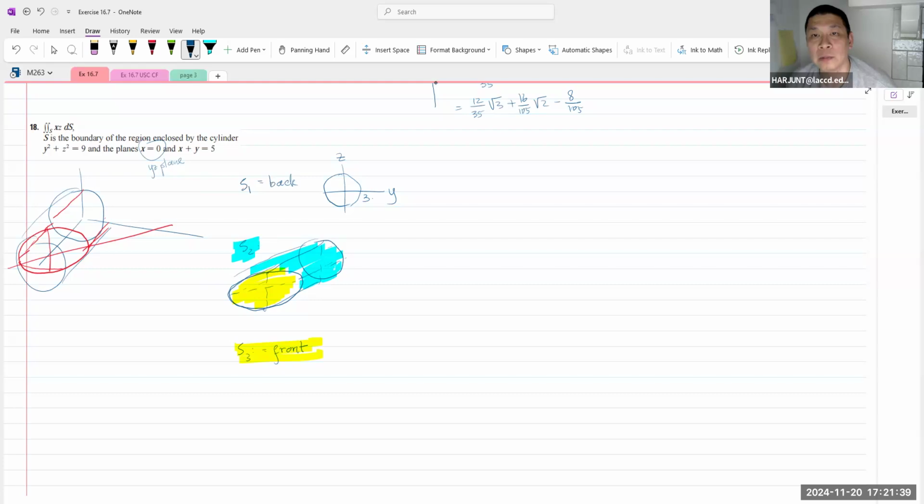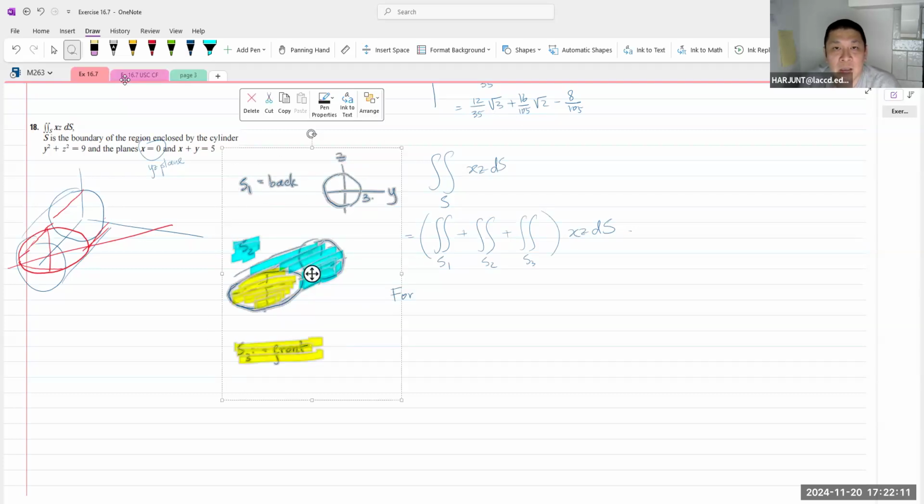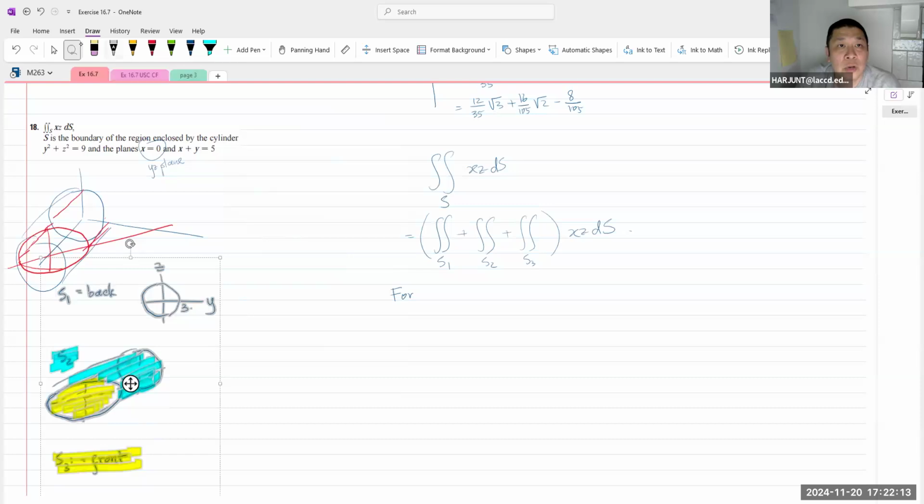Okay, so let's deal with S1 first. The double integral over S of xz dS is the same as the sum of three integrals of xz dS. Now for S1, let me move this here so that I have more space.